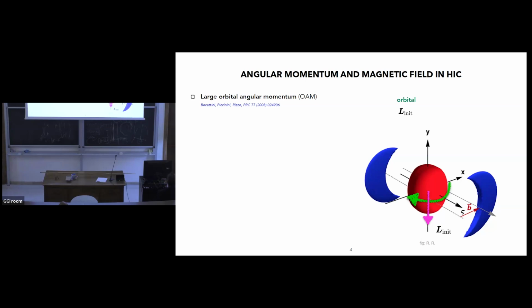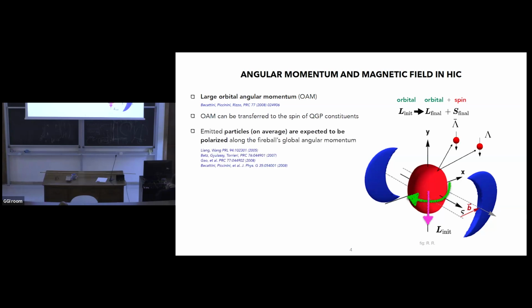If this angular momentum is transferred to the plasma, then we expect that it will have some impact on the final observables through the particles which are being measured.